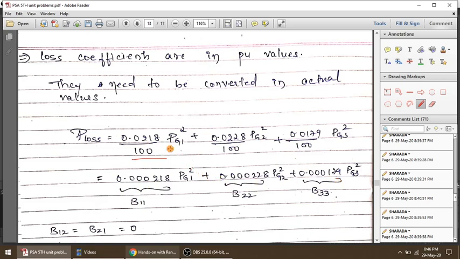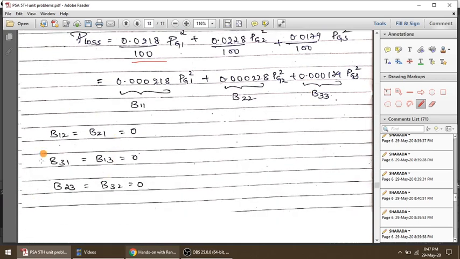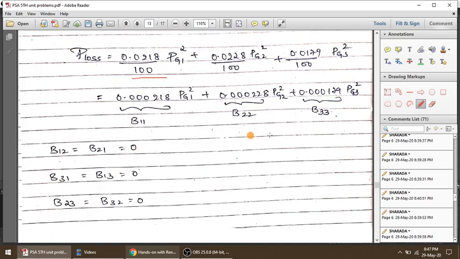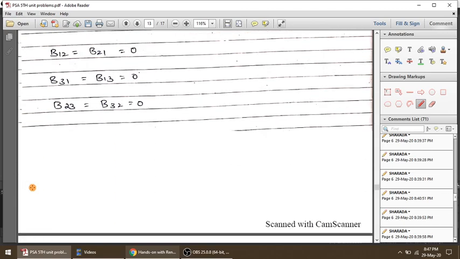Here you can see that you have only the square terms. You don't have Pg1 into Pg2, Pg2 into Pg3, Pg3 into Pg1, which means that the coefficients B12, B31, B23, that is the off diagonal elements, are 0. We only have diagonal elements.